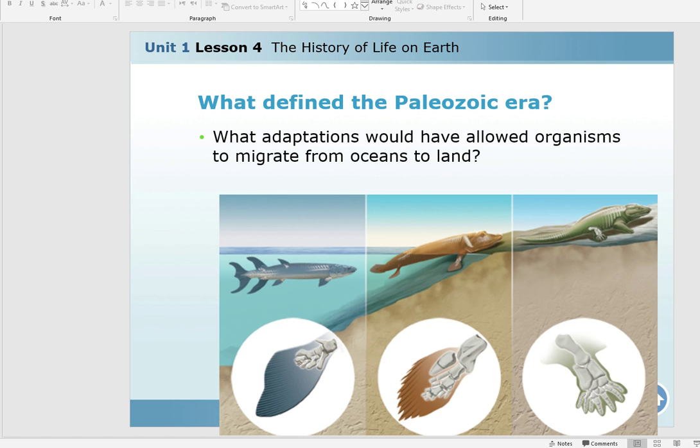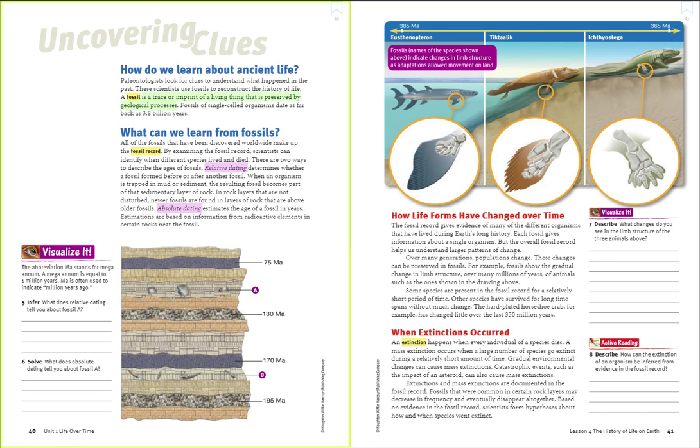So back again to the book. The question here says, what changes do you see in the limb structure of these three animals above? Simply, the answer is that the earliest animal has fewer bones at the end of its limb.